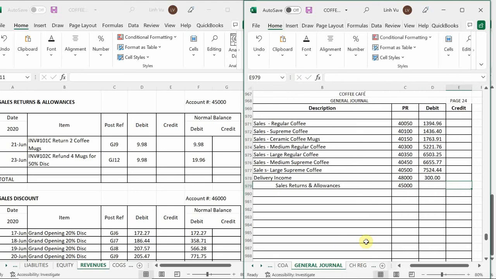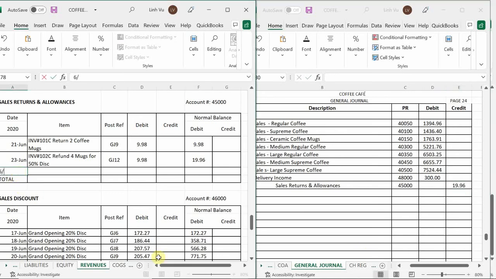I have to credit the account for $19.96, so that should bring my account balance to 0. Okay.